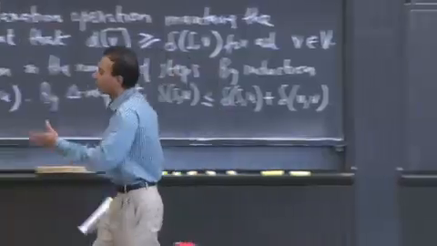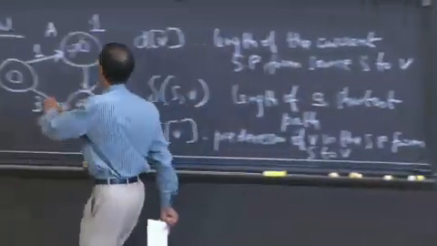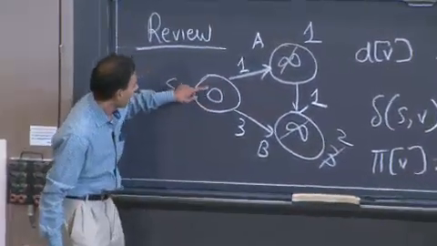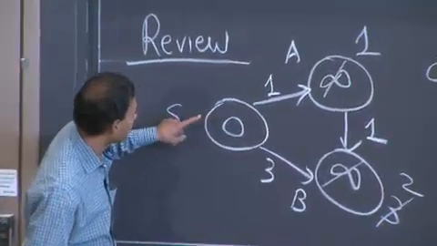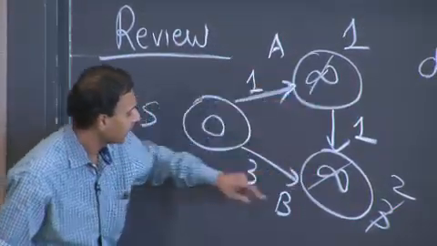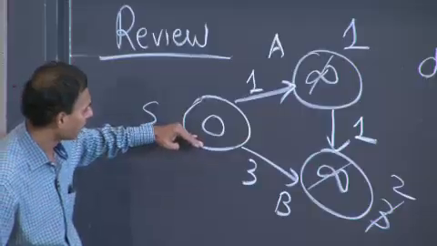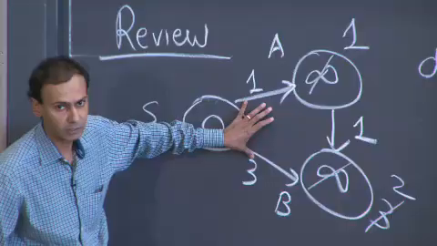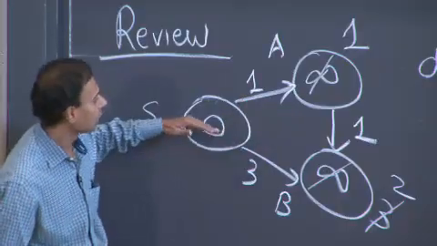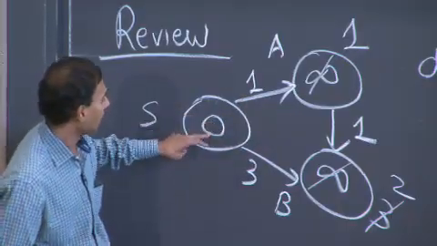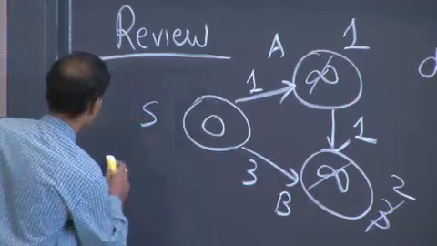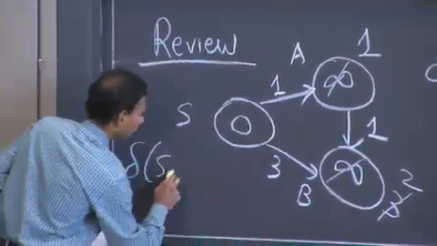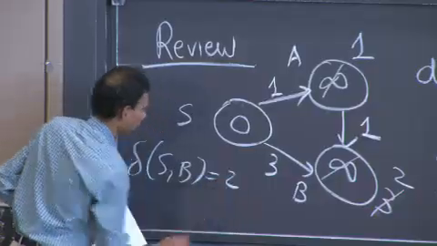Notice that what I have here is something where going from S to A to B is actually shorter than going from S to B. But these are single edges we're talking about. These are weights we're talking about. And there's no contradiction here, because all this says is that what I want to see here is delta S comma B is going to be 2.